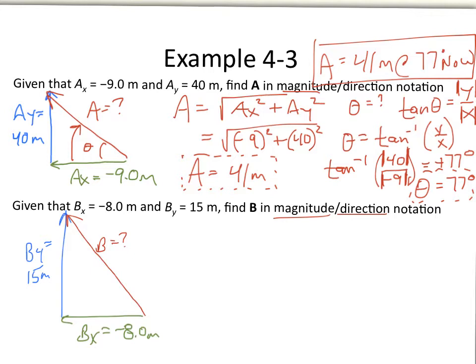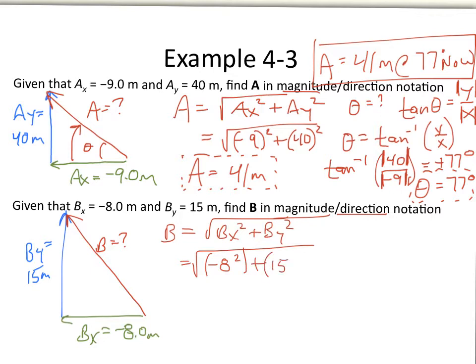Okay, so let's find the magnitude. Sorry, I just lost my train of thought. Our magnitude B, the full magnitude of the full vector, is going to be the square root of Bx squared plus By squared. In our case, that's going to be the square root of -8 squared plus 15 squared.